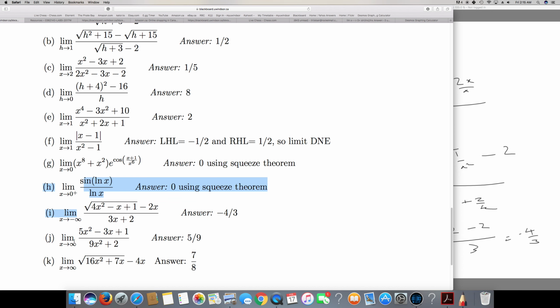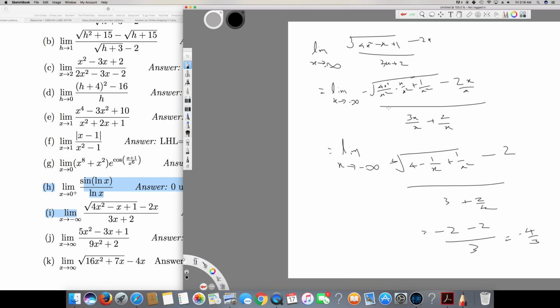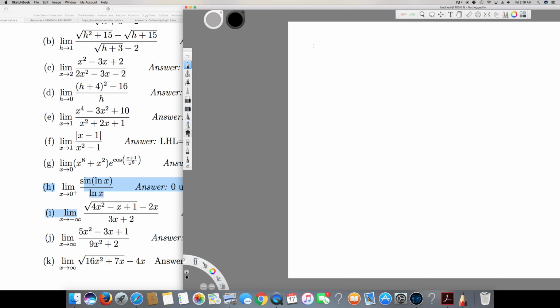And the next question is 5x squared minus 3x plus 1 over 9x squared plus 2, and it's approaching infinity. So same thing here. In this case the highest power is x squared, so as x approaches infinity, I'm going to divide everything by x squared.